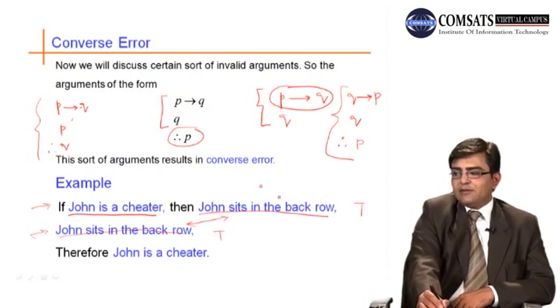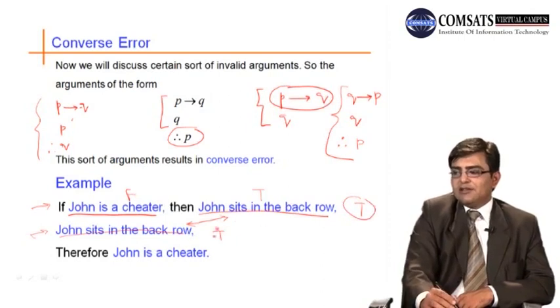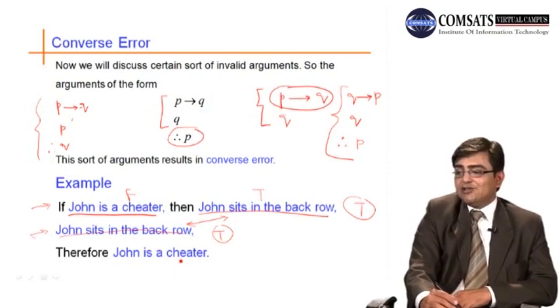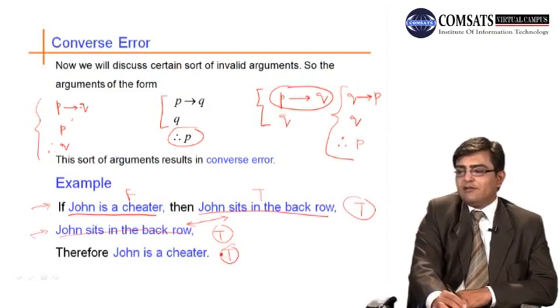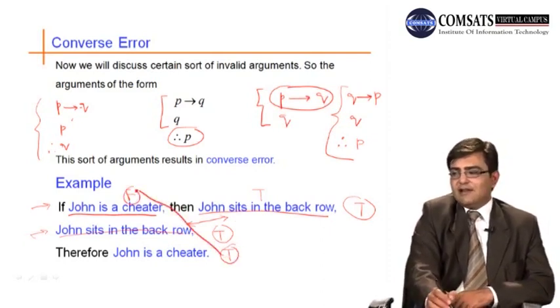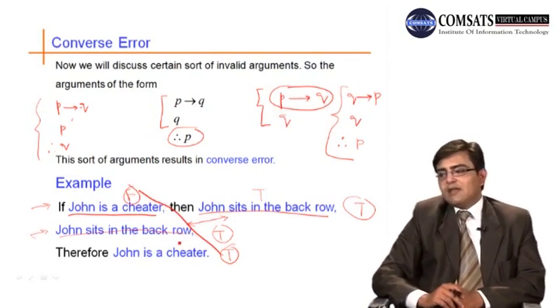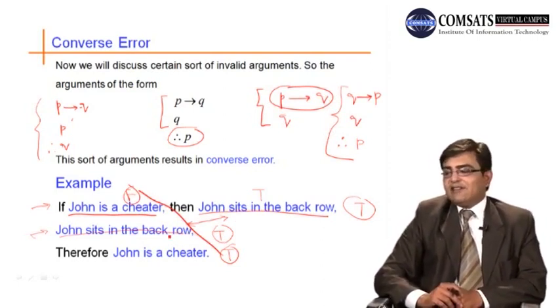Now if we suppose this is true, even if we take it false, it remains true. What is the conclusion? John is a cheater, not teacher. John is a cheater. So this is true here, but we call it false. So there is an error in this argument form, which is a converse error.